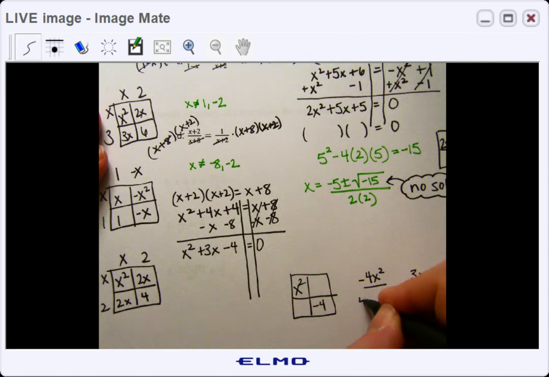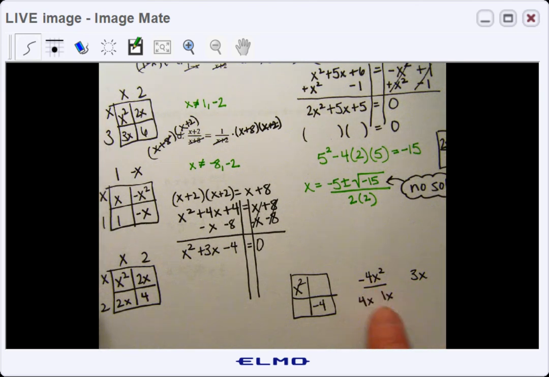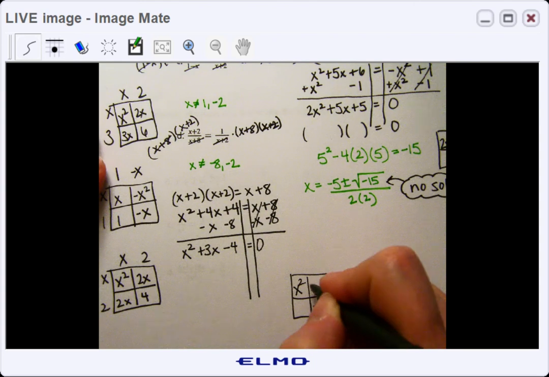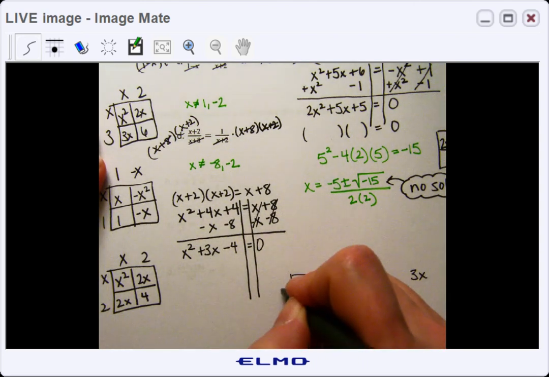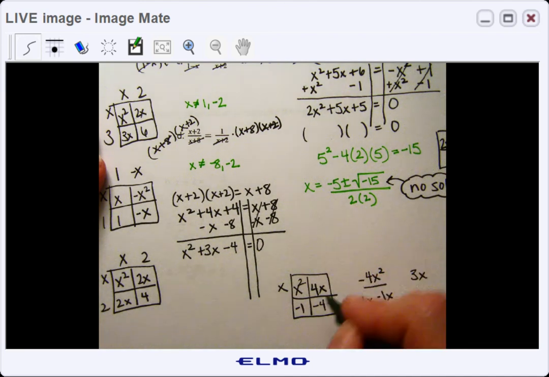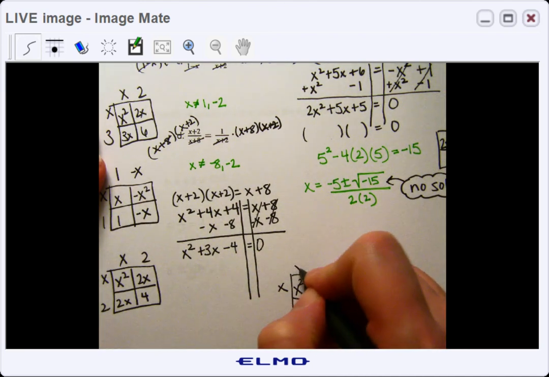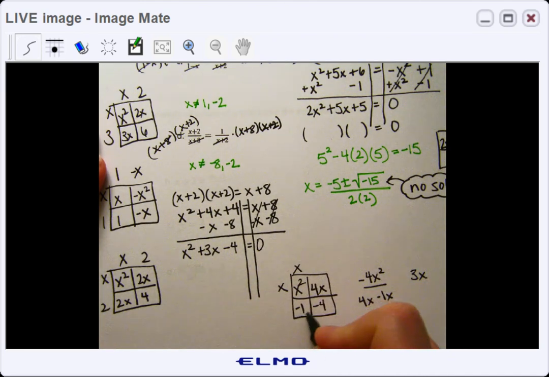So I think I'm going to use 4x and 1x, and one of them needs to be negative. I will have the 1x be negative, so it adds up to positive 3x. Okay, and then the x comes out here and there. We need a -1 and a +4.